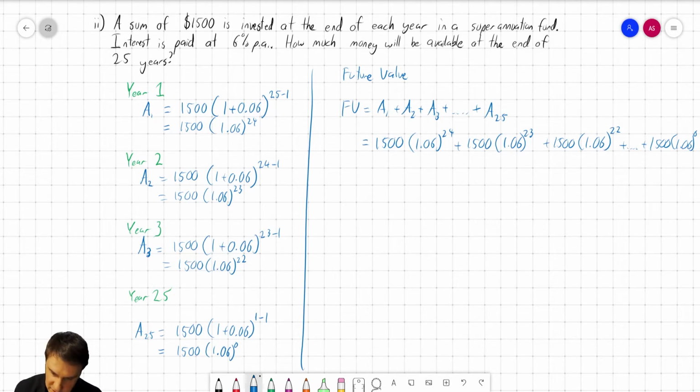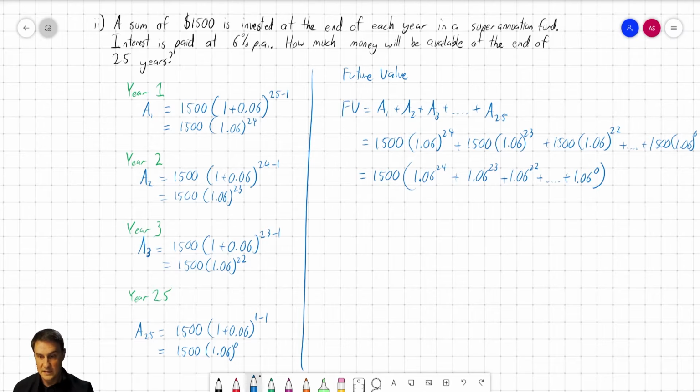Now, what I'm going to do in the first instance, I'm going to factorize that 1,500 out. I'm going to have 1.06 to the power of 24 plus 1.06 to the power of 23 plus 1.06 to the power of 22 plus ... 1.06 to the power of 0. So this is the pattern we've established now, and we're starting to get it. And you can start to see that we have a geometric series here inside the brackets.